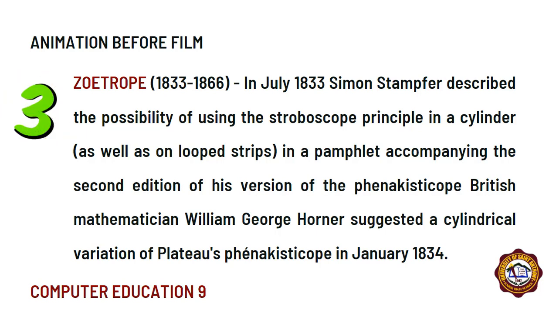British mathematician William George Horner suggested a cylindrical variation of the phenakistoscope in January 1834. So ganito yung itsura naman nung Zoetrope.